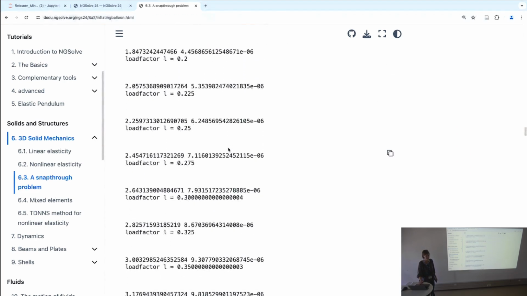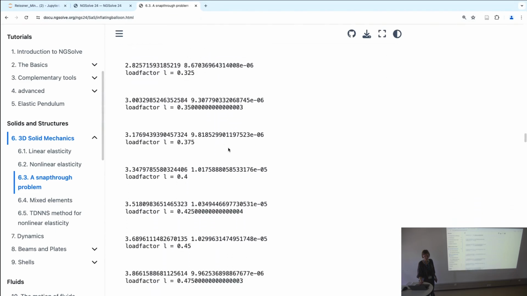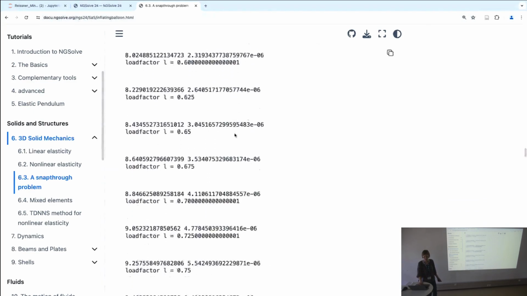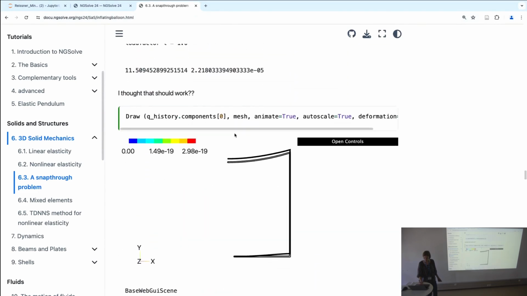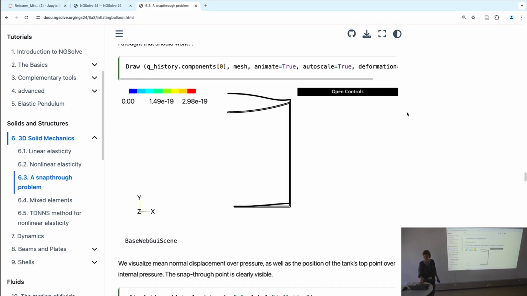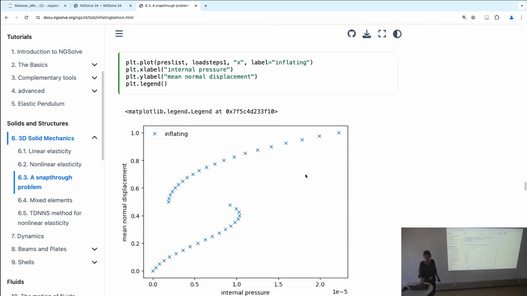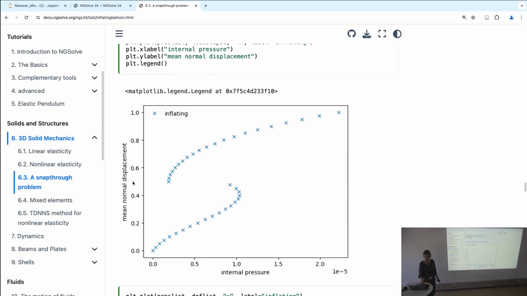So the built-in Newton was not enough. No, it works for all the configurations, but the snap-through. There you don't get convergence. And then, yeah, here you see how it works out. Oops, and there it went outside. Yeah, so you see here the mean normal displacement on this axis, pressure here.